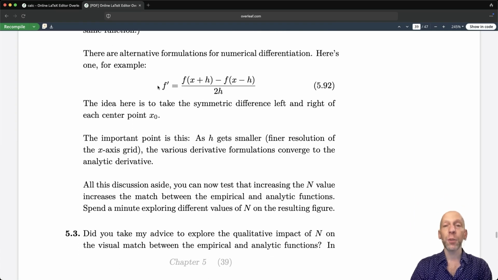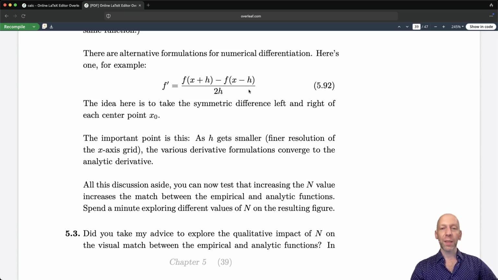Here I present an alternative formulation for calculating the derivative, which is basically, instead of each particular point minus the previous point, we are shifting from each point in x a little bit back and a little bit forward. So minus h and plus h. And then, of course, we scale by 2h.